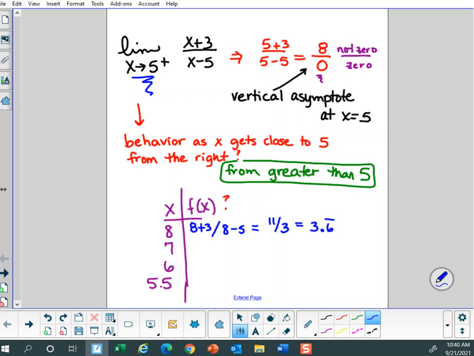That in itself doesn't tell us anything. What's going to tell us what's going on, or at least start indicating what's going on, is how the second number changes as I go from an 8 to a 7, what happens to my y. So 7 plus 3 over 7 minus 5 is 10 over 2, which is 5.